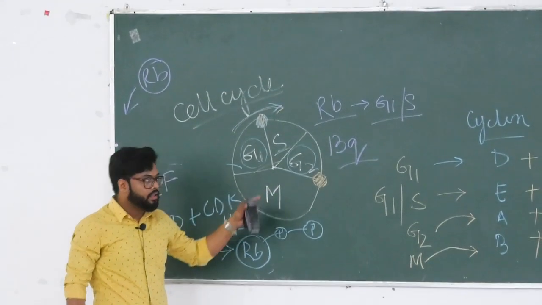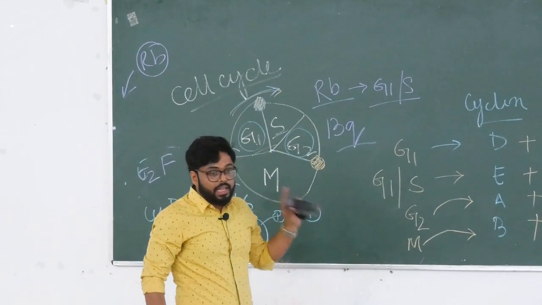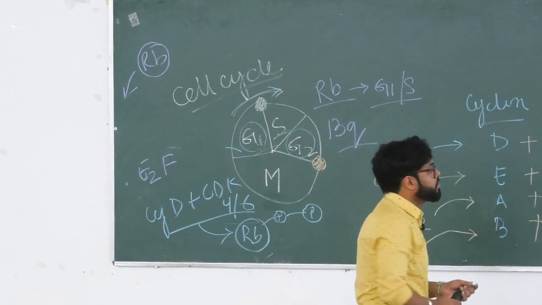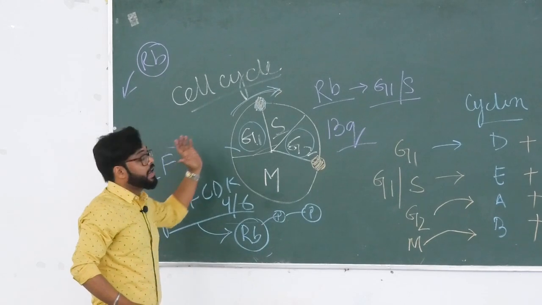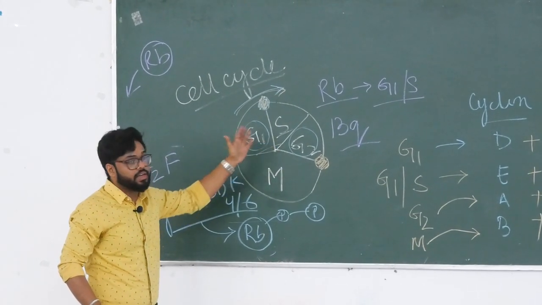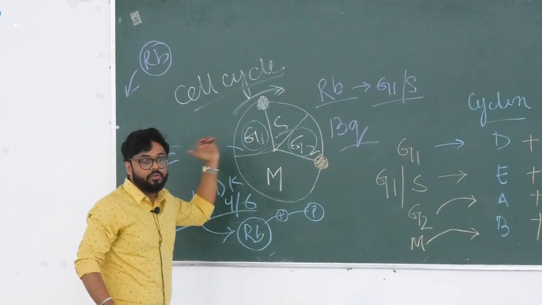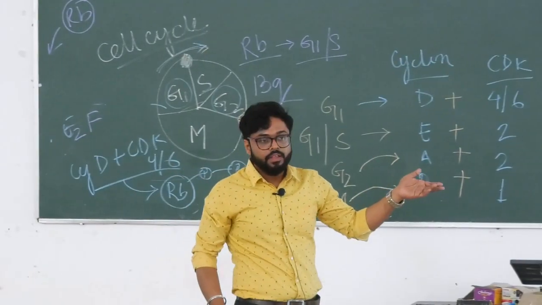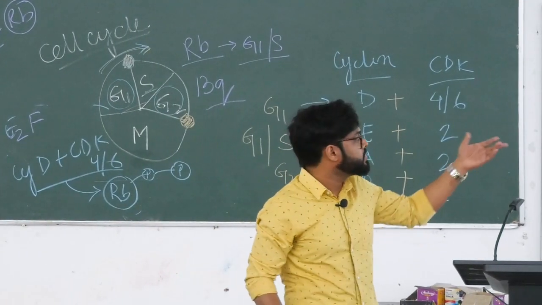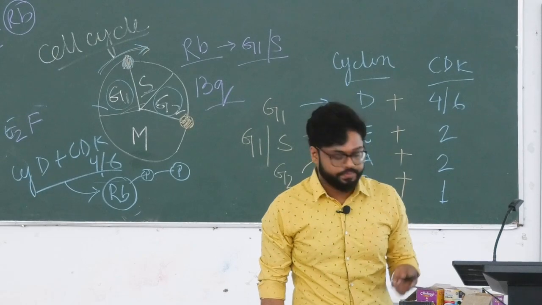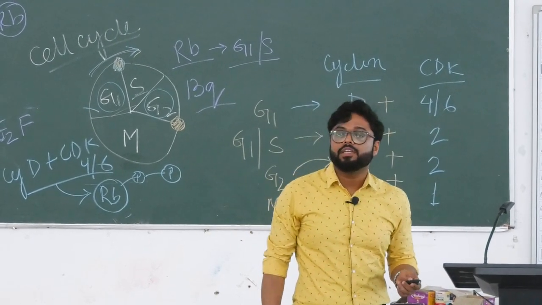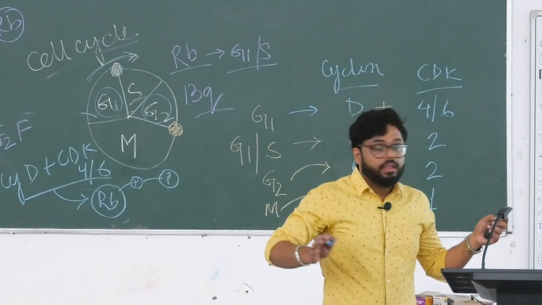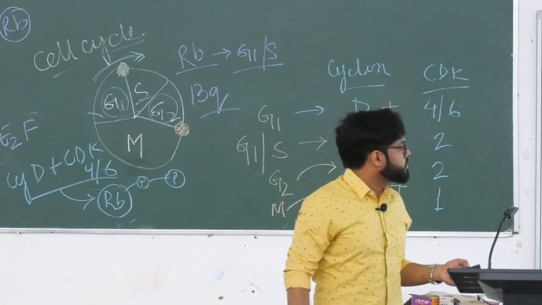With that background, if the cell cannot pass that checkpoint, the cell will be in the stage of G0. Okay, and aging is associated with progressive replication loss.